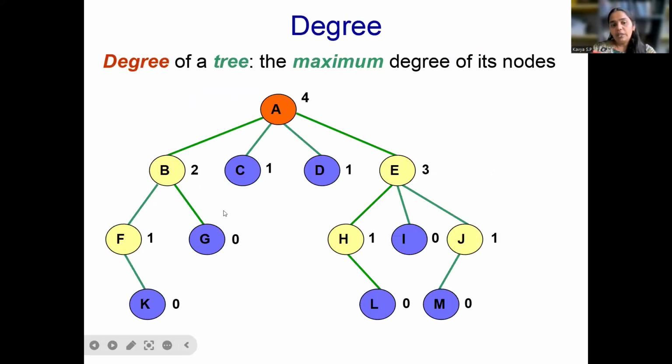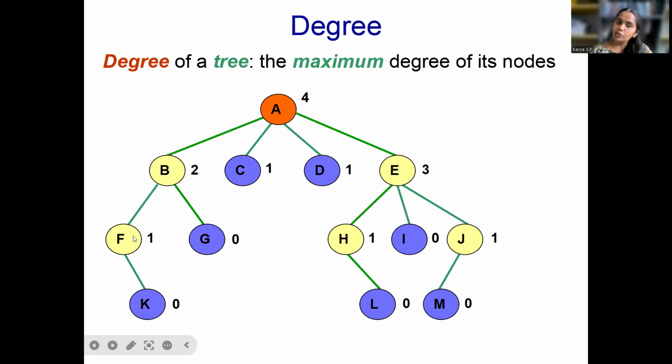Talking about this tree, let us traverse from the lower level to level 0. How many children do K, L and M have? Since they are leaf nodes, they do not have any children, so their degree is 0, and the degree of F is 1 because it has only one child.